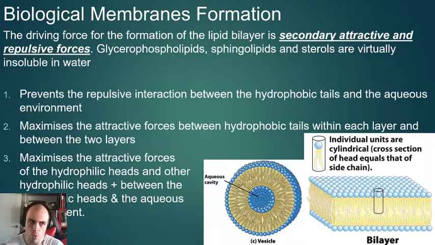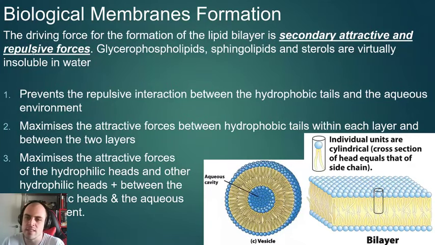Whereas these hydrophobic fatty acid tails are having those secondary repulsive forces. They are saying, no, stay away, I do not want to be anywhere near that water. So what is going to happen is that the lipid bilayer is going to organize itself so that these polar heads are facing the extracellular or intracellular fluid, again, because that's primarily water.